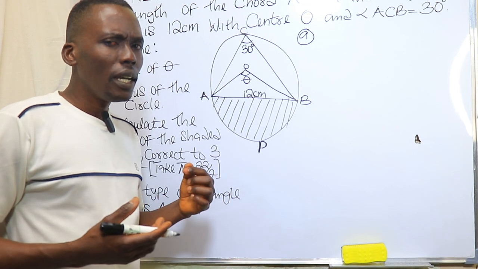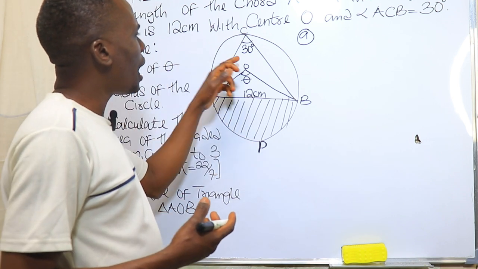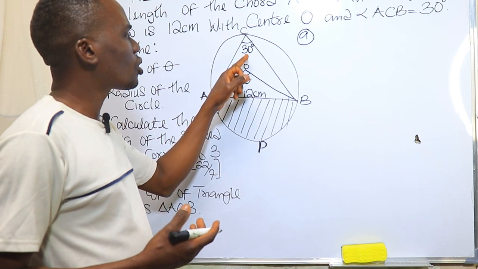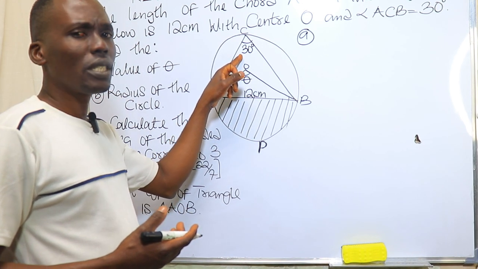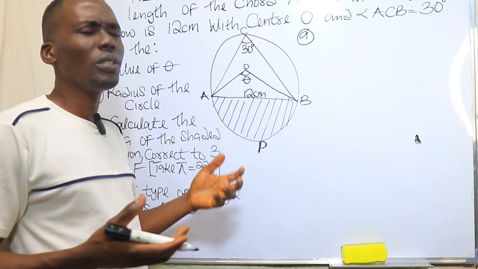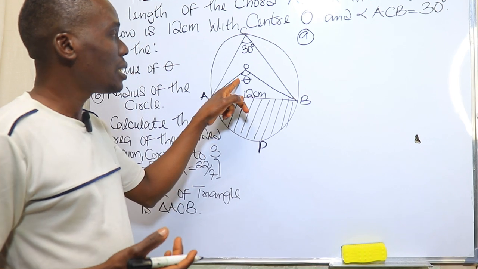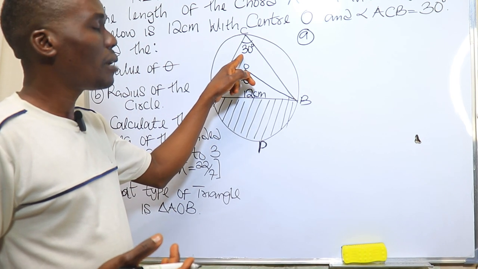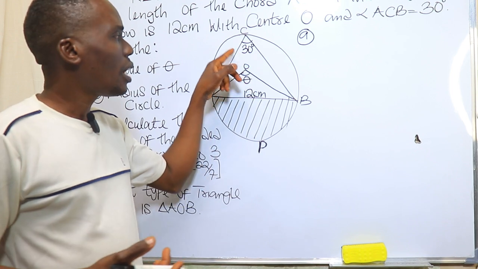Remember, in circle theorem 2, we are told that the angle which a chord sustains at the center is equal to 2 times what it sustains at the circumference.